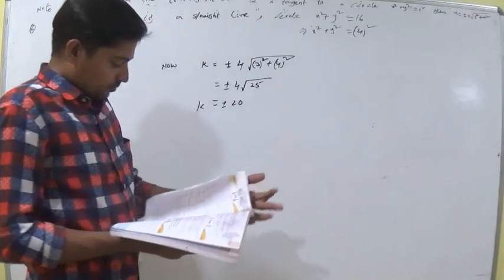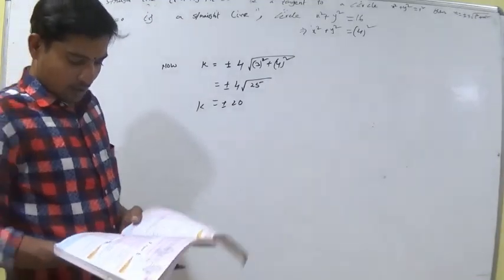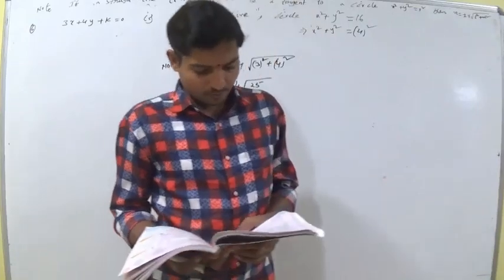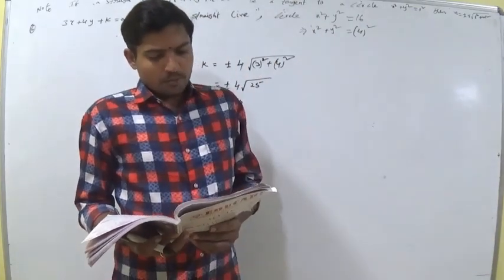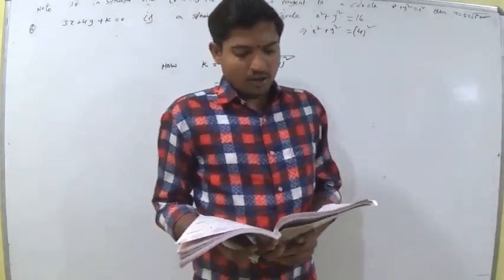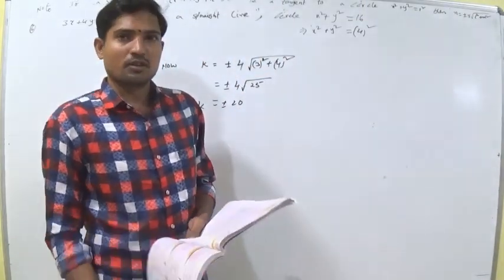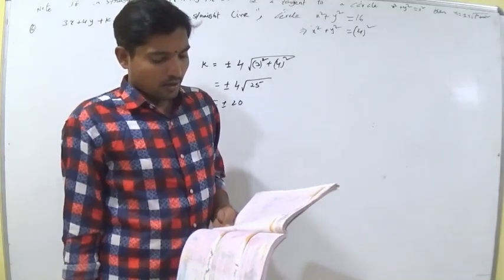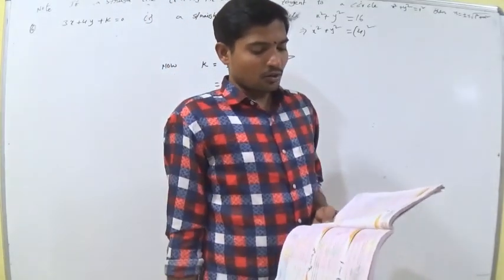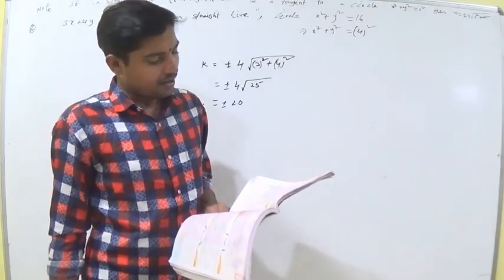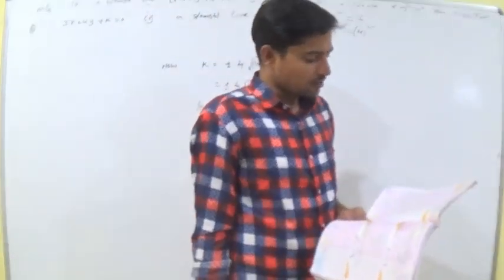Next problem, seventh one. The parametric equations of the circle x minus 1 whole square plus y plus 2 whole square equal to 9 are x is equal to 1 plus 3 cos theta and y equal to minus 2 plus 3 sin theta.